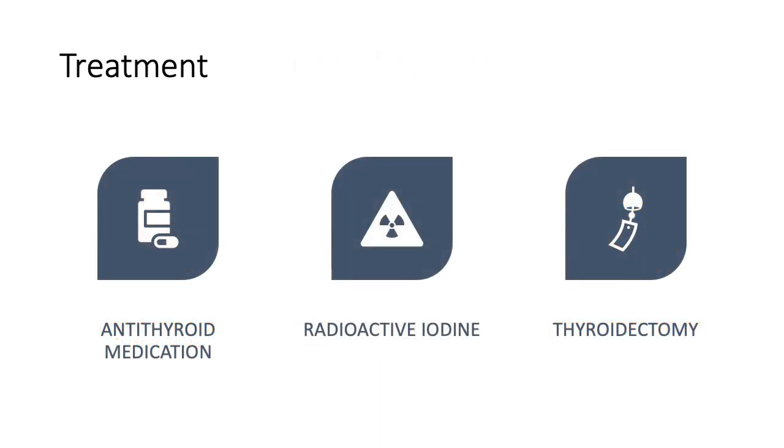The treatment modalities of Graves' disease are, as we discussed earlier, antithyroid medications, radioactive iodine, and total thyroidectomy. Most patients with hyperthyroid Graves' disease are euthyroid by 4 to 8 weeks of treatment with carbimazole. If the intention is to induce a remission, antithyroid medication is typically continued for 12 to 18 months.